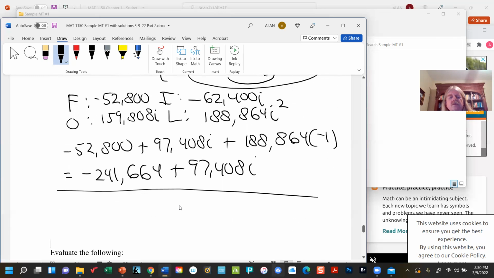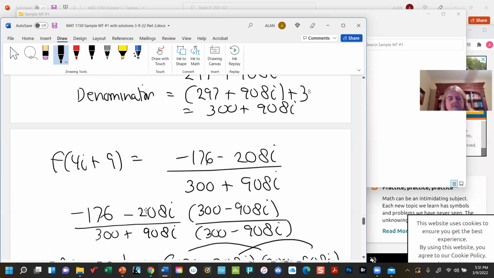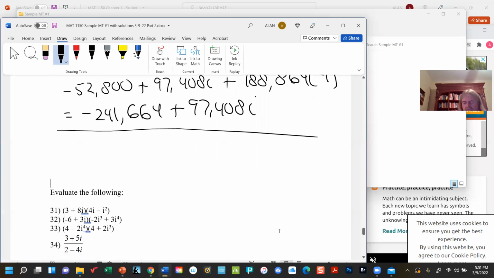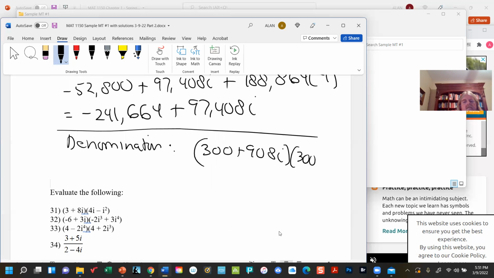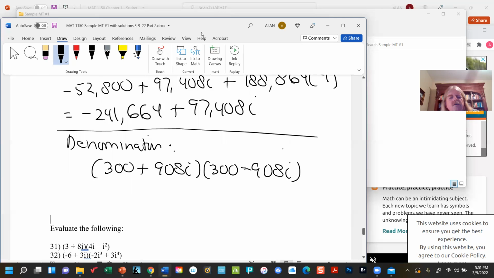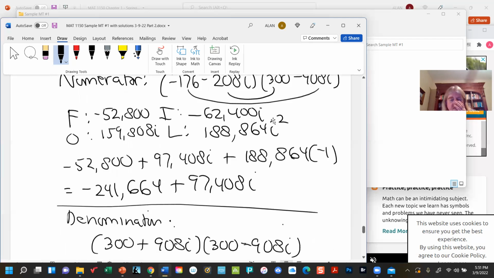Now, the denominator, though, at least will turn into a constant. All right, so it's 300 plus 908i and 300 minus 908i. Okay, great.